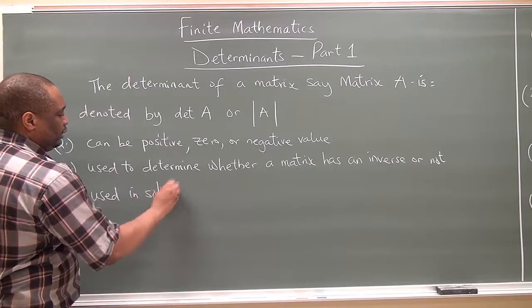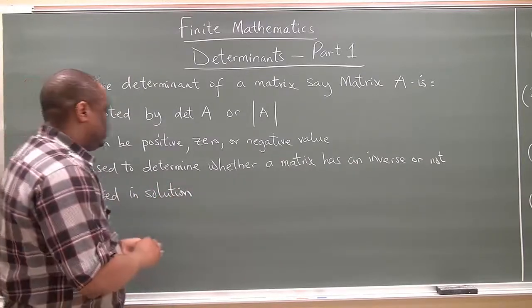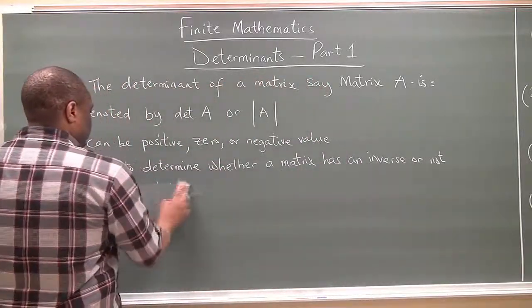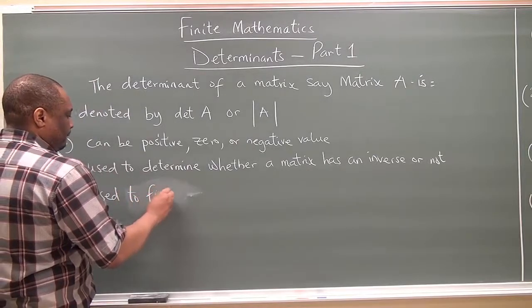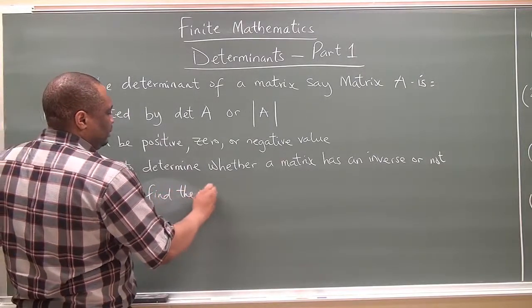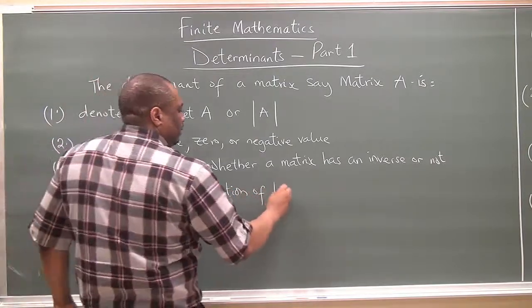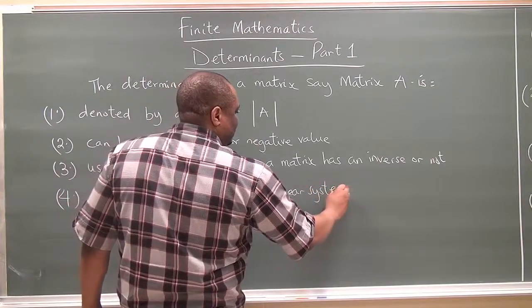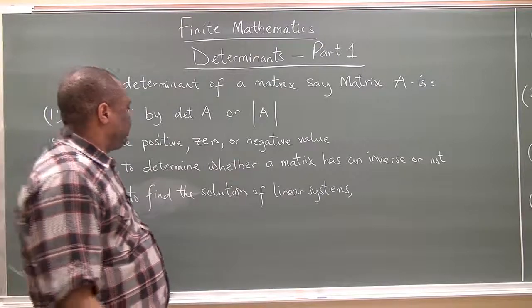It's used to find the solution of linear systems. It could be 2 by 2 linear systems, it could be 3 by 3 linear systems, it could be 4 by 4 linear systems, okay?